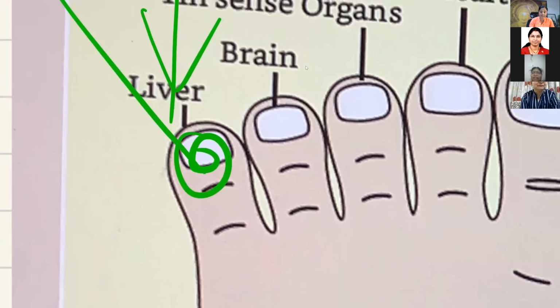Now, if memory is weak and there are some chronic brain issues, then you should apply orange color, especially for special children. Every day for 2 hours we should apply orange color on this toe, and we should press this toe several times a day.